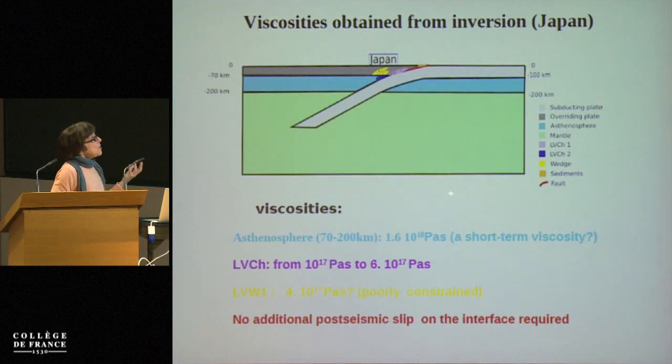And the answer that we get is that we must get a viscosity in the asthenosphere of a few times, here around 2 times 10^18 Pascal second in the asthenosphere. We need to have a viscosity here in this pink area, the low viscosity channel, the lower part of the subduction interface, which is quite low, of a few times 10^17 Pascal second.